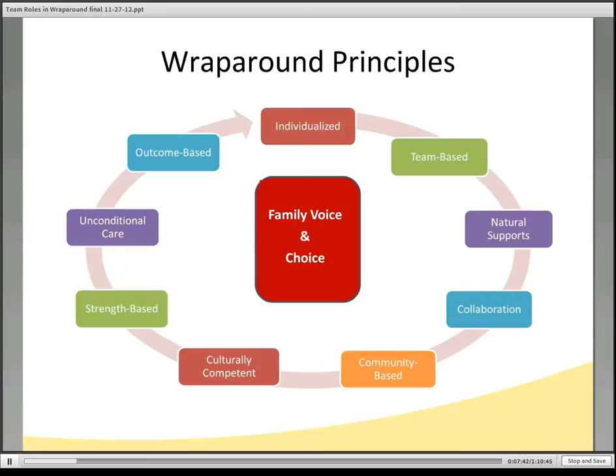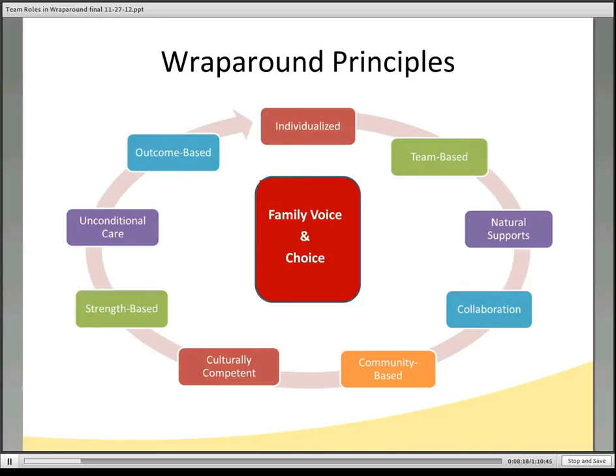So with unconditional care, we want you to really think about what that means. So often with youth with big behavior, especially youth and their families that have what we call failed up in the system, they have ended up at the highest end of services. Unconditional care really weighs in here because they're too used to being kicked out of services rather than someone committing to staying with them and promising unconditional care.